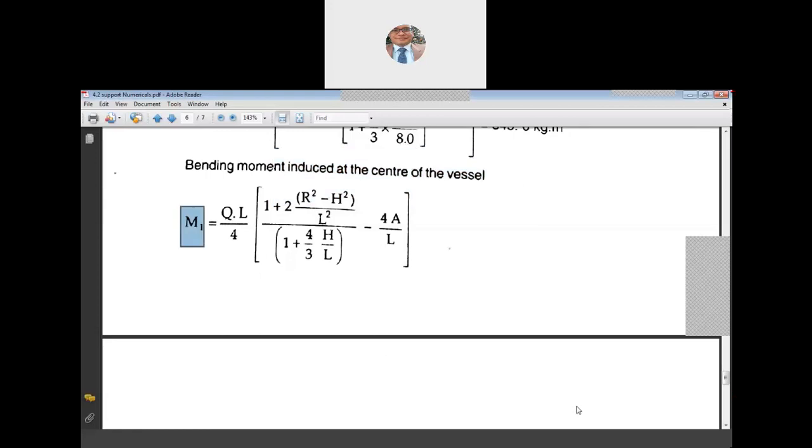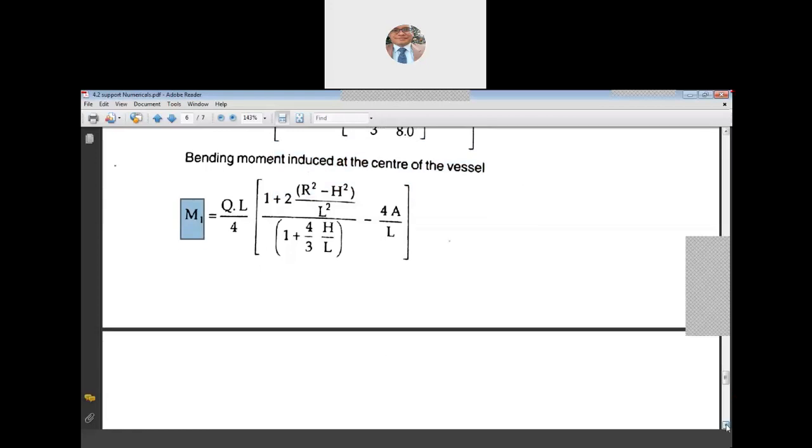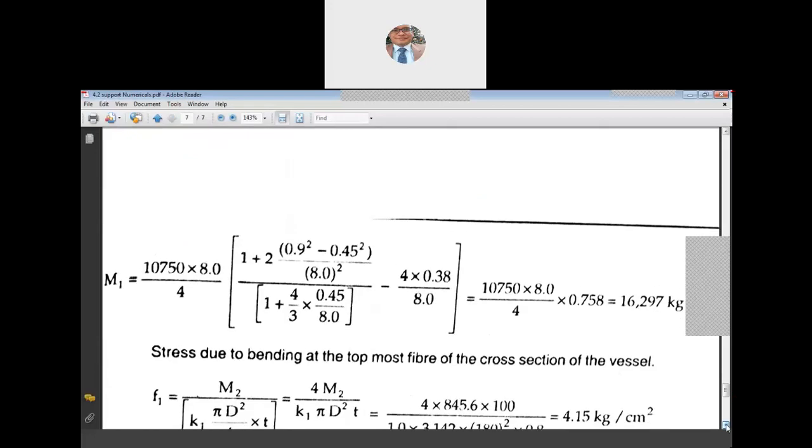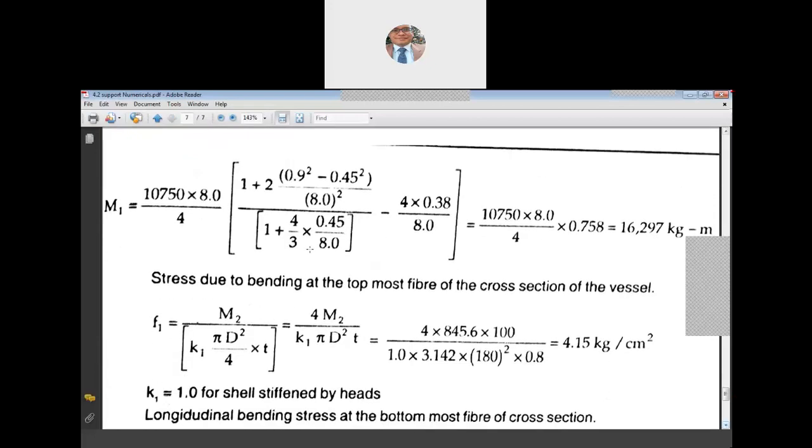You are having the formula, and M1 is nothing but Q into L upon 4 into bracket 1 plus 2 into R square, that is 1.8 divided by 2, minus H square, that is 1/4 the diameter of the vessel.